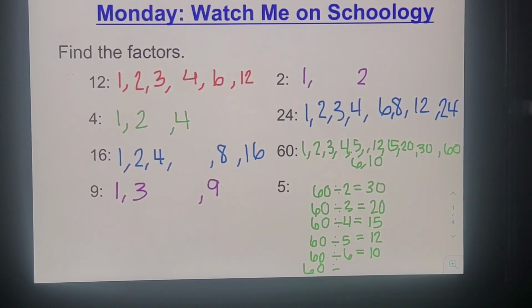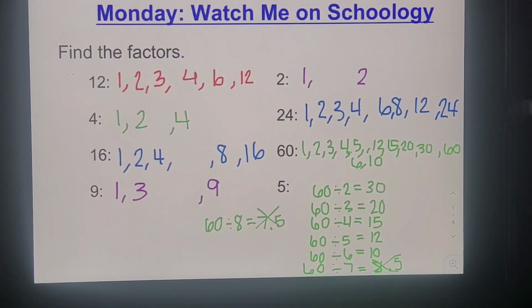60 divided by 7 equals 8.5. So that one is not good. Then we can try 60 divided by 8 equals 7.5.